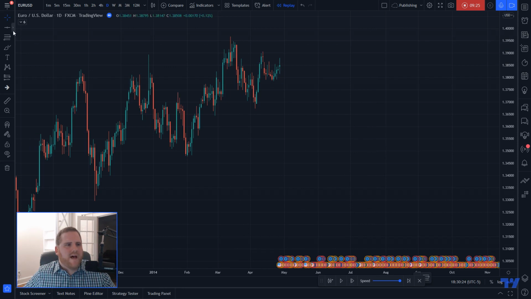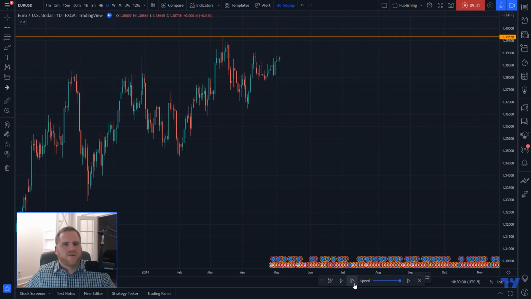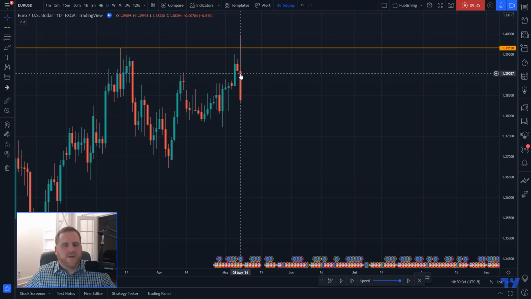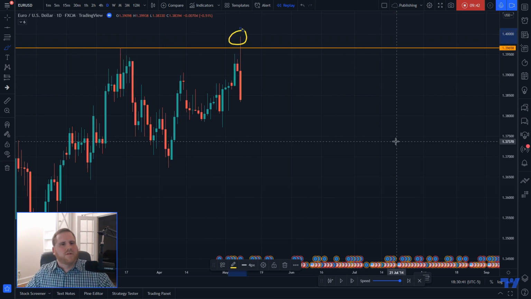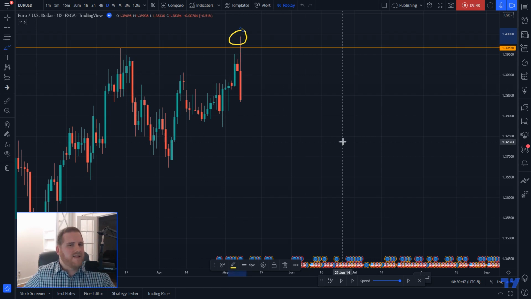So we made a high on the euro dollar in March of 2014. Two months later, May, specifically May the 8th, 2014, price on the euro dollar broke the high that it had made prior, and then within the same day, closed back inside the high as well as the range.